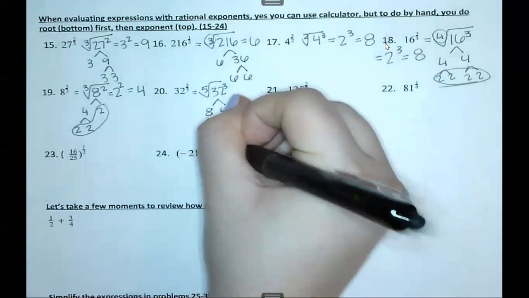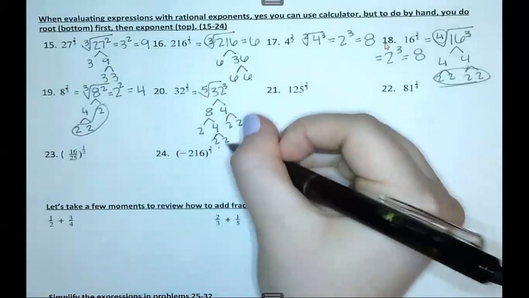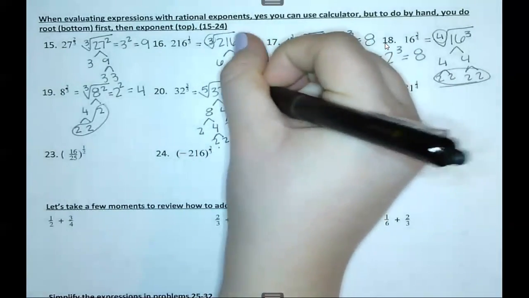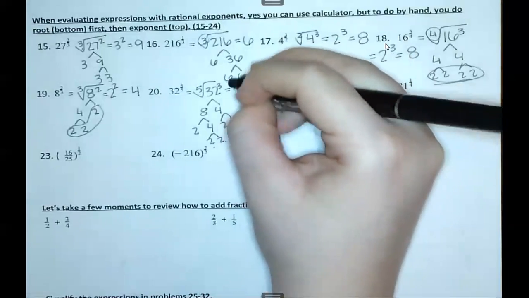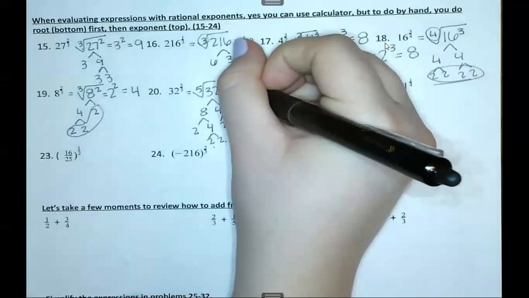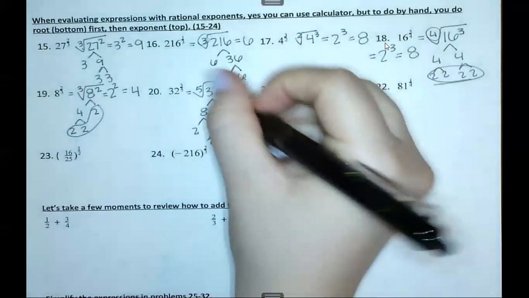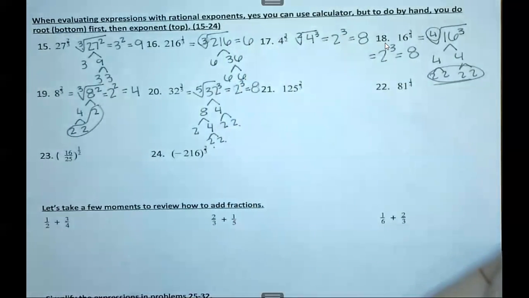I can split 4 into 2 and 2, and this 4 into 2 and 2, and I've got 1, 2, 3, 4, 5 of the same number. So I've got 5 2s. So I get to pull out that 2, and my 2 is being raised to the 3rd power. 2 to the 3rd power is 8.